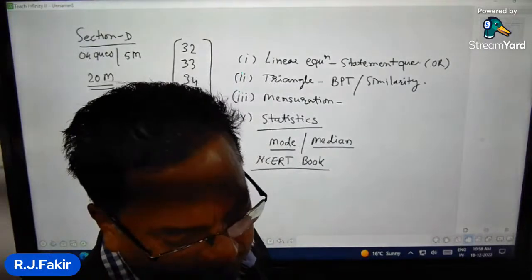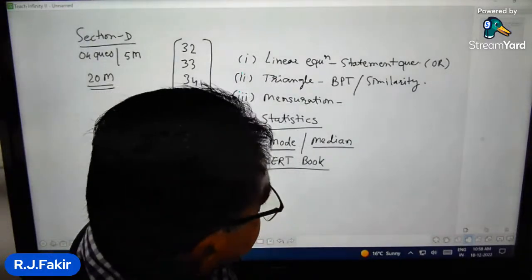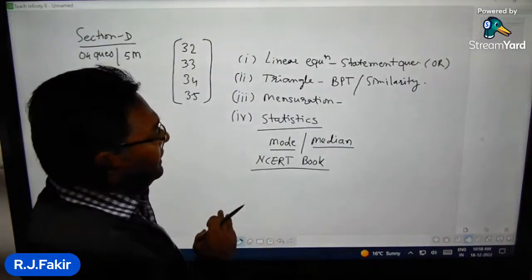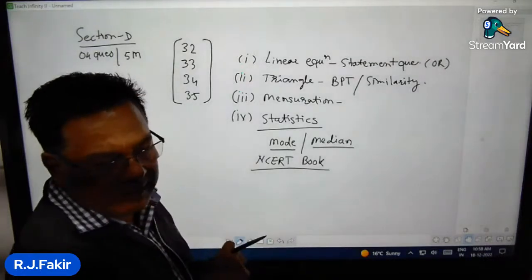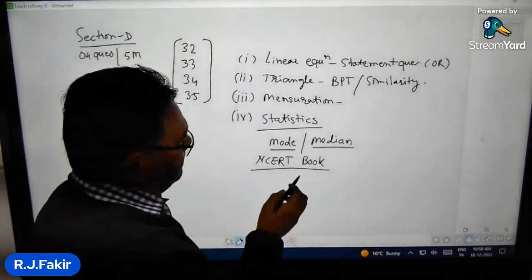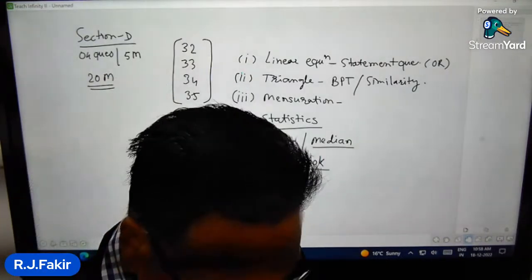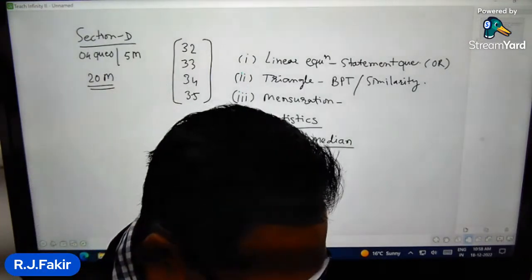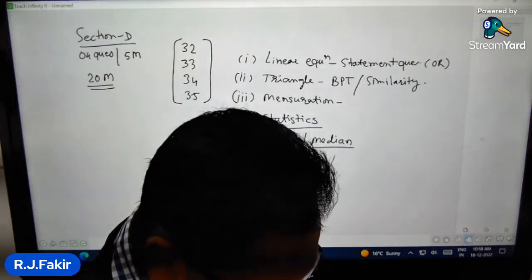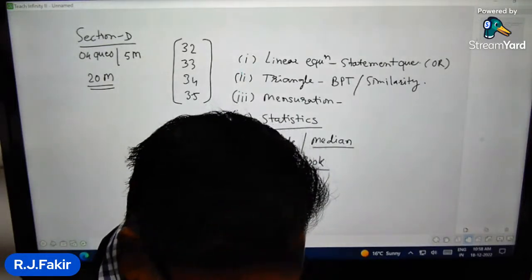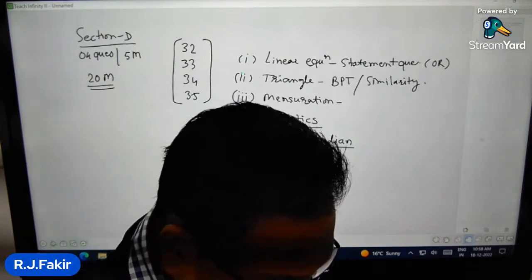Try to take the help from your NCERT solved examples, even you can take help. But the symbols used in the formula that you should remember as it is. Don't learn any other confusing symbols which are there in other books.